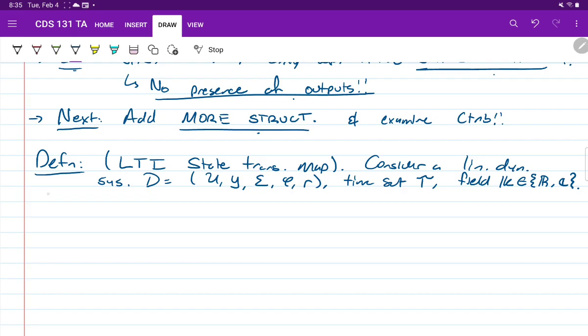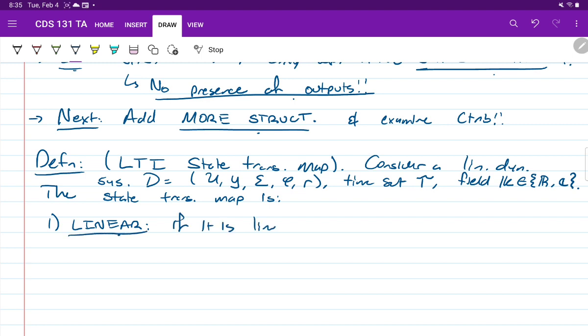All right, fantastic. So what I'm now going to do is impose a couple of different conditions on the state transition map, okay? So we say that the state transition map is, first, linear if it is linear in sigma cross U. Okay?